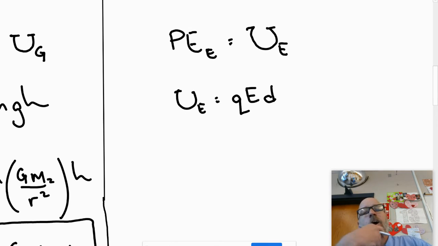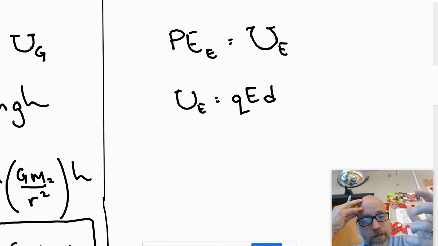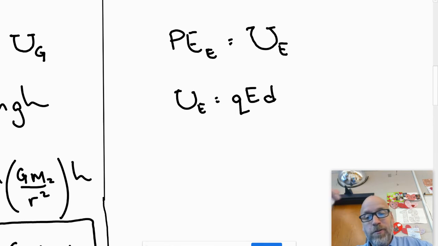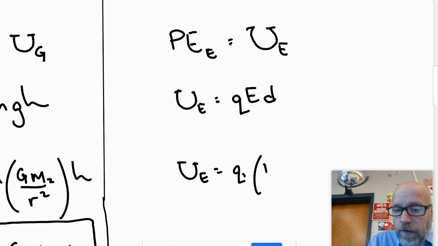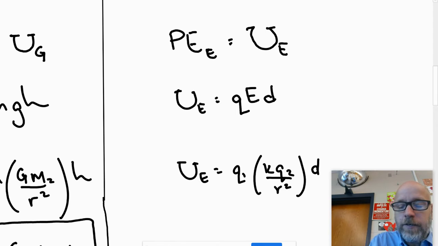Why is it not an r? Honestly, they're equivalent. I think it's d because we're often going to look at distances between capacitor plates, and we use r with gravity because we're usually talking about radiuses of planets orbiting. Now, if I keep going and clean this up a little bit, just like I did in the previous section, so UE is going to be Q1, k Q2 over r squared times d.